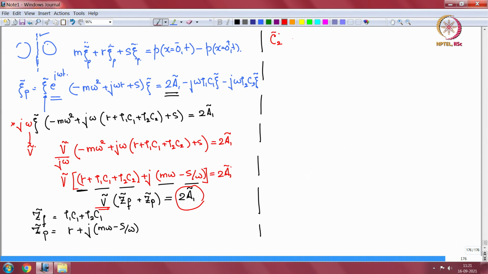That is equal to v tilde into rho 2 c2, which is equal to twice A1 tilde by Zf tilde plus Zp tilde into rho 2 c2.